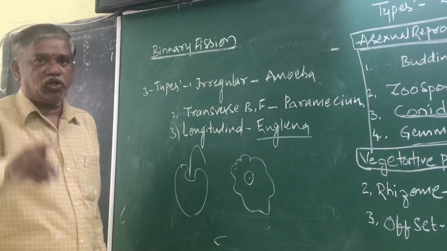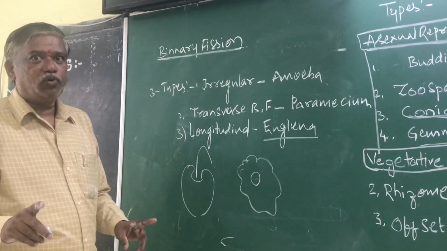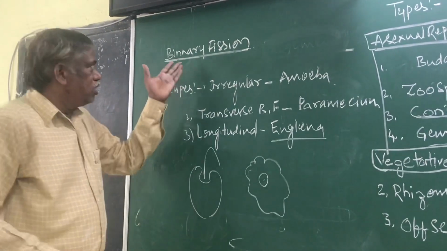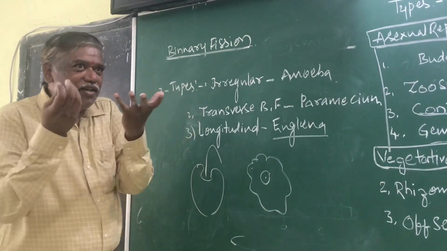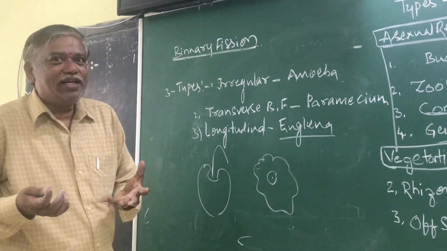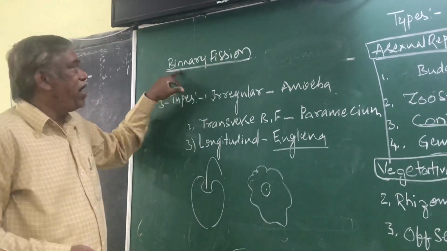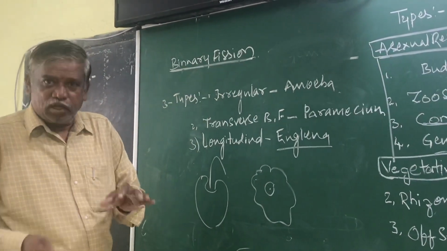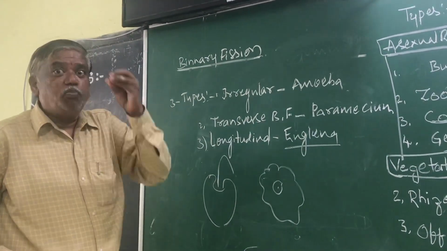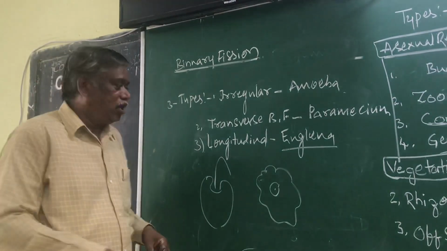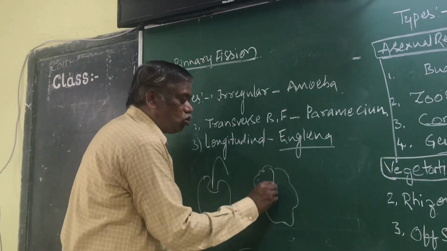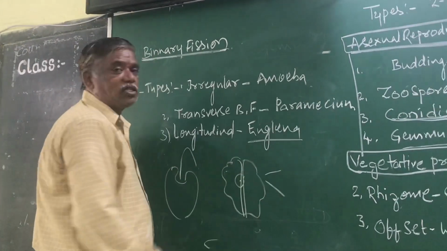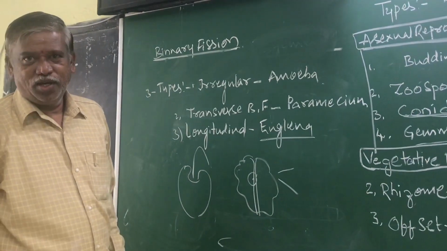Right. Binary fission is one type of asexual reproduction. The name indicates some meaning. That is the definition: binary means two, fission means division. That means a parent body is divisible into two daughter individuals. Such a process is called binary fission.